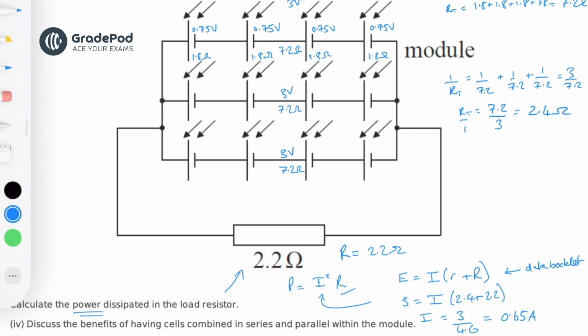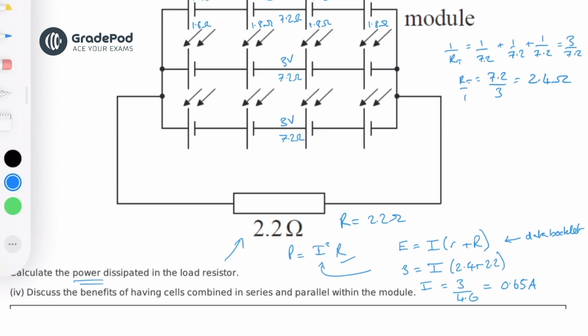We want to square that because P equals I squared R, and then times by 2.2 because that's the resistance of the load resistor. So P equals I squared R, so it's 0.65 squared times 2.2, which gives us 0.935. Let's round it to two significant figures, 0.94 watts. So that's the power dissipated in the load resistor.